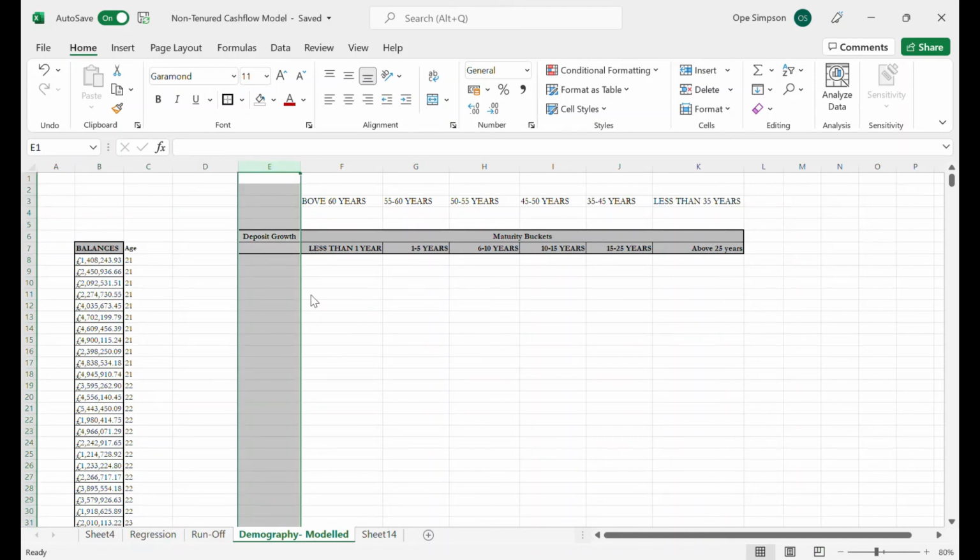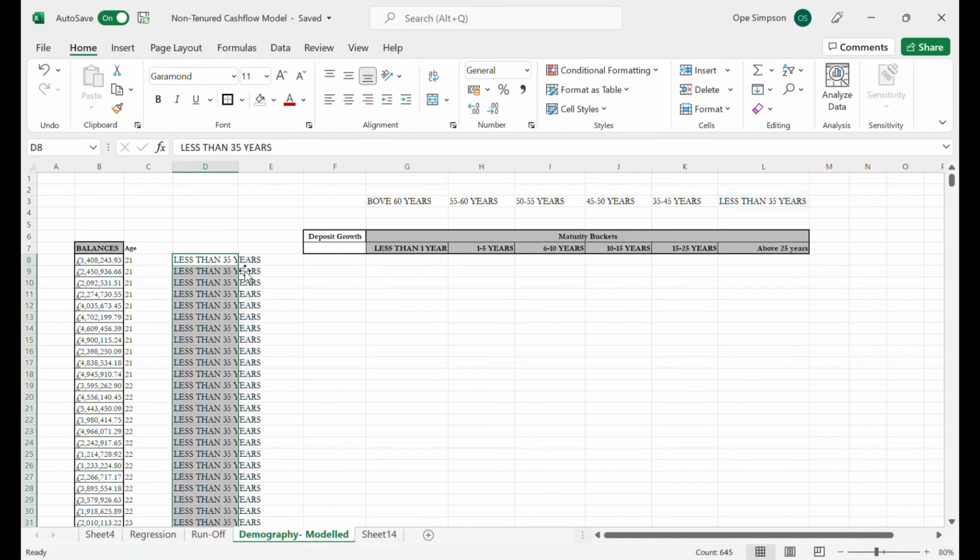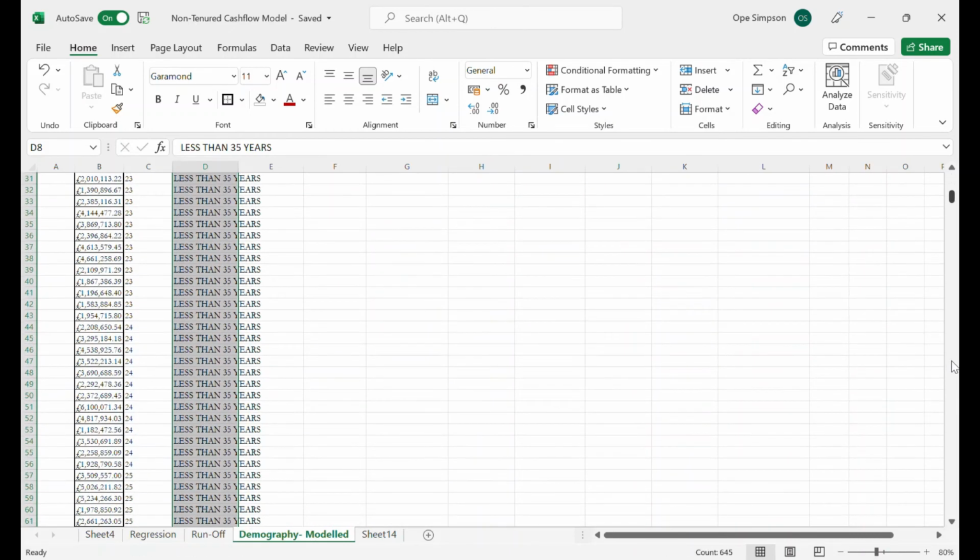Let me shift this a bit, and we say less than 35 years, basically. Copy this. Look for where individuals are in the second time bucket.